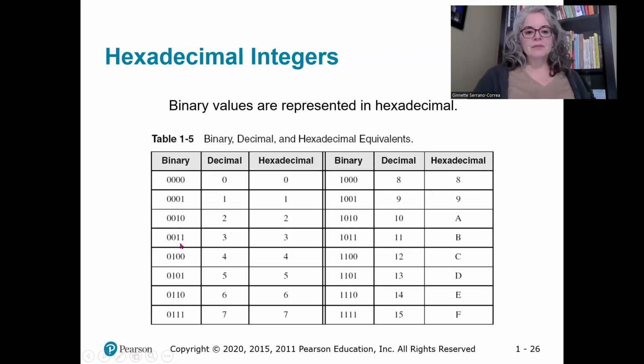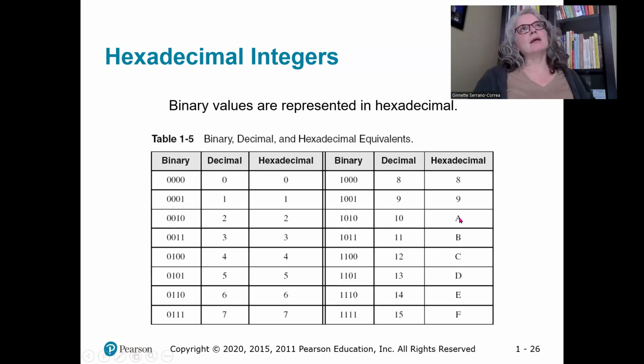Let's go back. Here in this table, it's just showing you what 0 is in binary, what 1 is in binary. Again, this is very simple to calculate, remember? If we calculate here 15, this is worth 8, 4, 2, 1. 8 plus 4 is 12, plus 2 is 14, plus 1 is 15. From now on, just remember that 1, 1, 1, 1, four ones, is always going to be 15, which is F. These are some you definitely want to remember.